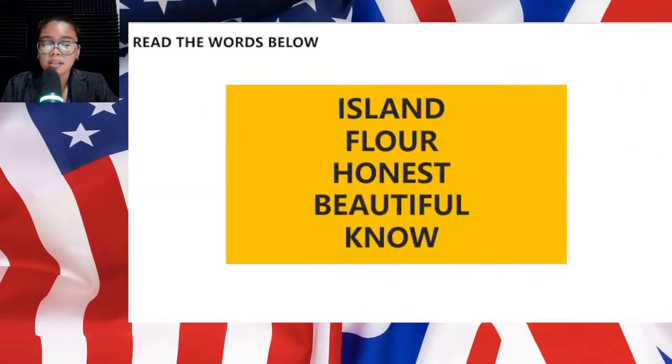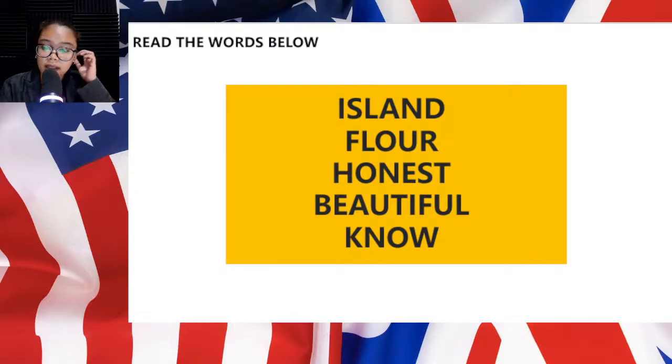Okay. Now, when it comes to this one, again, there are also different rules when it comes to reading words, of course. Say, for example, island. Again, the first word is island. Notice that the very first thing that you would notice upon reading this word is that there is a silent letter. What letter?